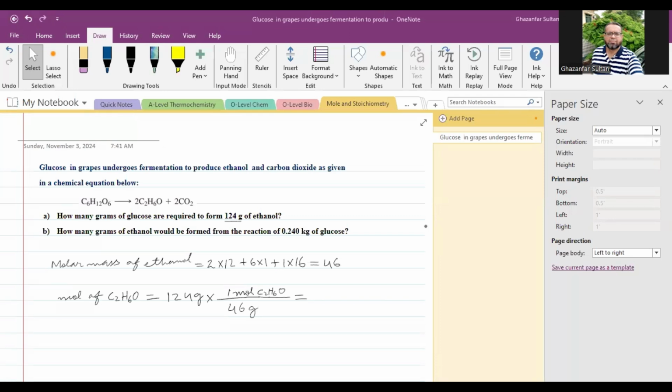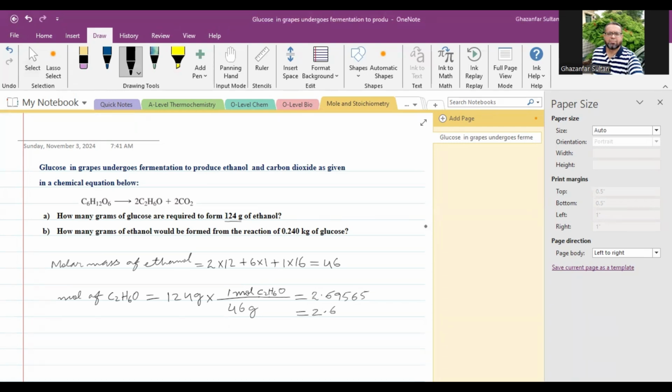By calculating, we got 2.69565. And it is not ending here. Some more digits are there, but we have to convert our answer into 3 or 4 significant figures, 3 decimal places.